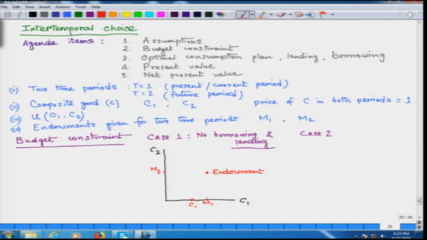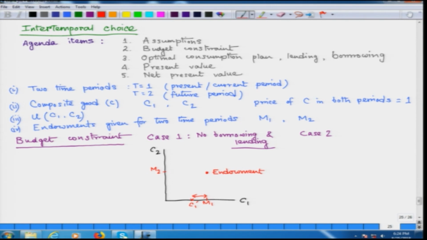Then he or she is saving money by this gap between M1 and C1, which we can call C1 prime. Now, this much money will be transferred from period 1 to period 2 for future consumption.